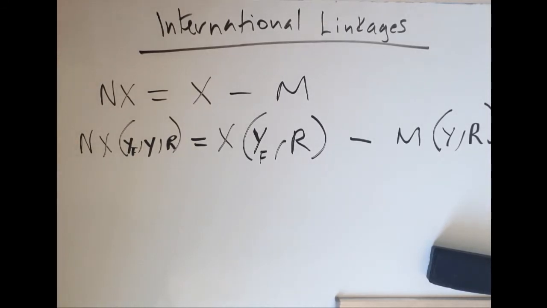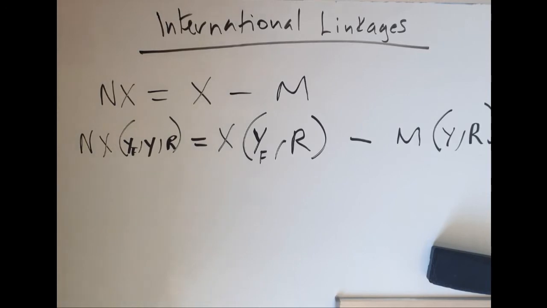Now, what would be the impact of a rise in foreign income on the trade position of a country? For instance, if foreign incomes increase, what would be the impact on the trade position of a country?